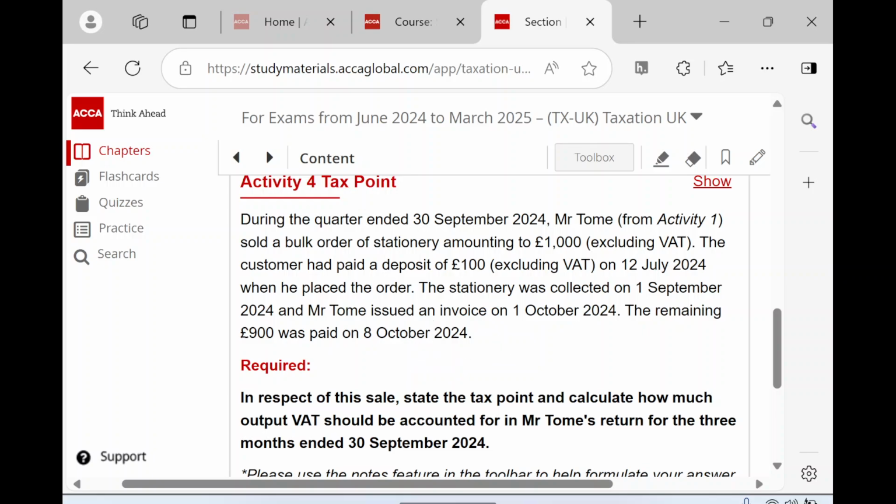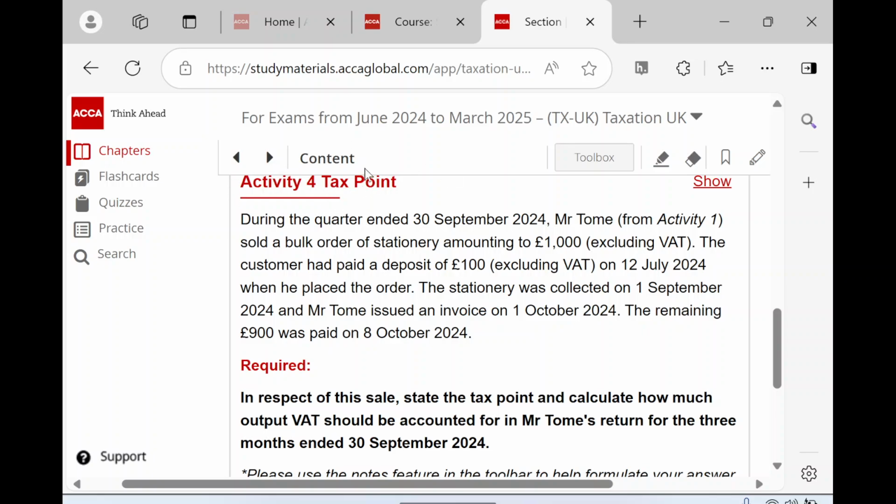This whole thing regarding tax points is really a question of, obviously, a variety of dates in the scenario, and which really are the most important dates in terms of these two items. The 100 first off, and outside of that, the 900, okay? So in terms of dealing with it, we've got to distinguish between the basic tax point and indeed the actual tax point.